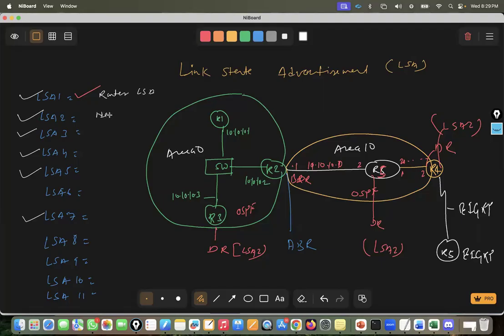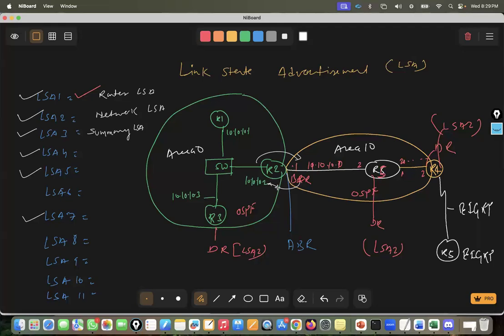This is known as the network LSA. This is known as the summary LSA. Means if you're sending any route from one area to another area, it is going to be sent by the ABR from one area to another area. And that is going to be the LSA3. Clear?